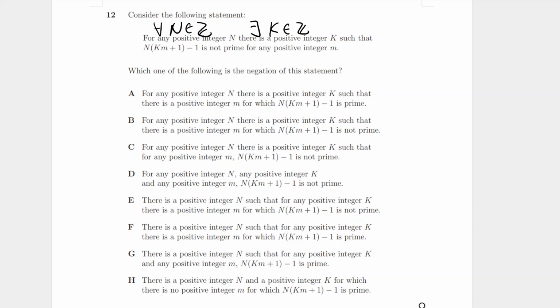Okay, I'm being dumb. Yes, positive integer is the natural numbers. It's such that n times kn plus 1 minus 1 is not prime. I can't translate that into mathematics, so just put the English there, for any positive integer n. So that is the mathematical statement.